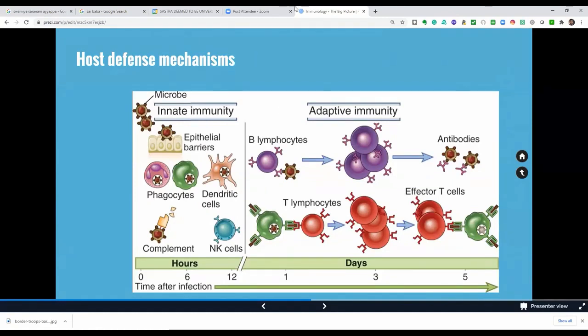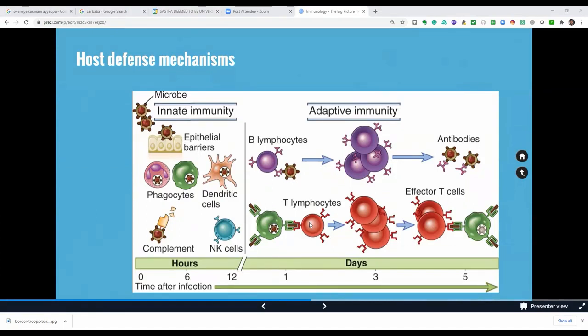Just a few components of the innate and the adaptive immunity. The innate immunity is linked to the adaptive immunity, as well as the adaptive immunity is linked to the innate immunity. And why I kept this image is because it's a very complex process, very beautifully developed by nature. So everything mutually functions for eradicating the microorganisms.